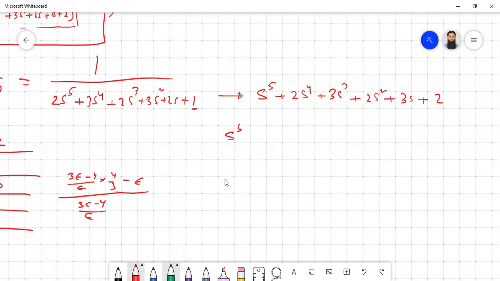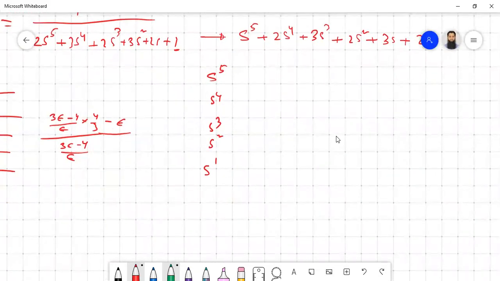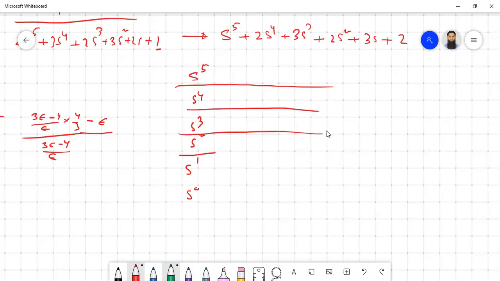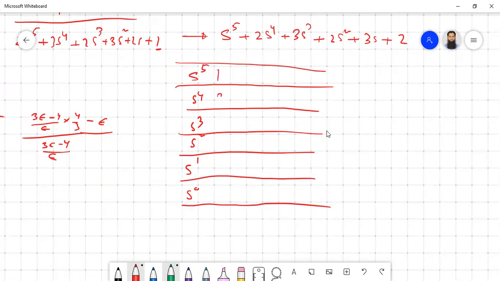Okay, s to the power 5, s to the power 4, s cubed, s squared, s to the power 1, and then s to the power 0. Now, these are the coefficients. So 1, 2, 3, 2, 3, 2.